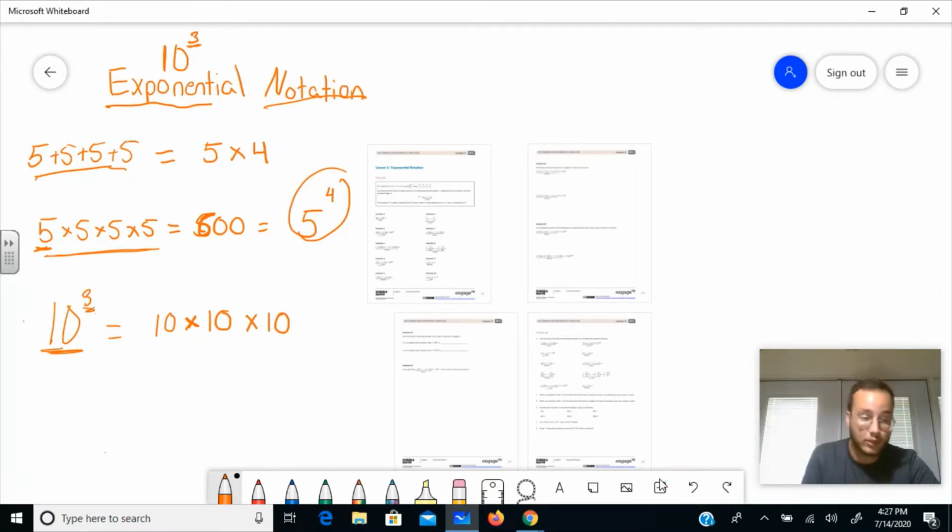A total of 3 10s being multiplied. And I know that 10 times 10 is 100. 100 times 10 is 1,000. All of these 3 different notations equal the same number of 1,000. But this exponential notation is how you take a repeated multiplication problem into an exponential form. Now I'm going to stop this video and start one on how we can work our lesson.